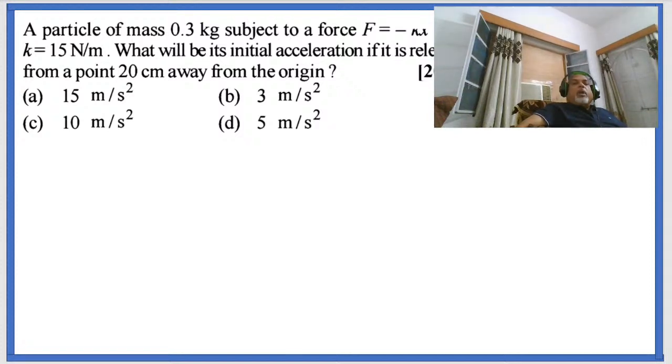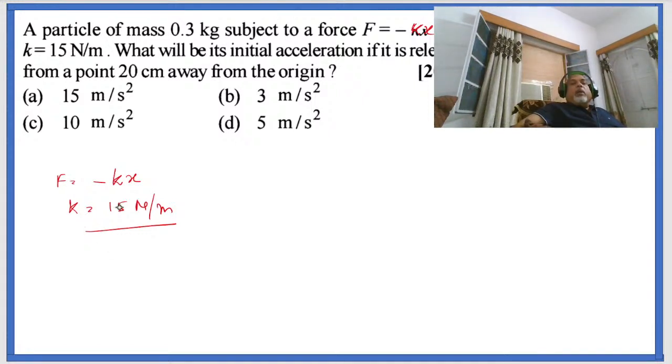A particle of mass 0.3 kg is subjected to a force of minus kx, with k equal to 15. So F is equal to minus kx, and k is given. What will be the initial acceleration if it is released from 0.20 meter away from the origin?